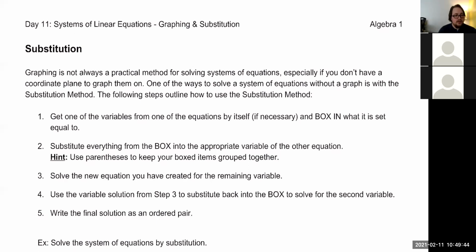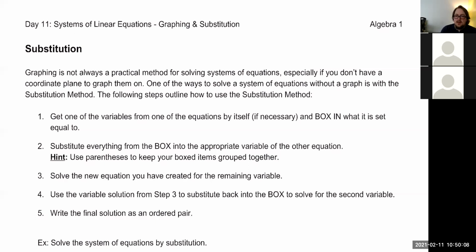So the first thing we're going to do using substitution is we're going to get one of the variables. Does it say which? No, it doesn't say which. From one of the equations. Does it say which? Nope. So literally any variable from any equation by itself, if necessary. Sometimes we're lucky, sometimes things work out.